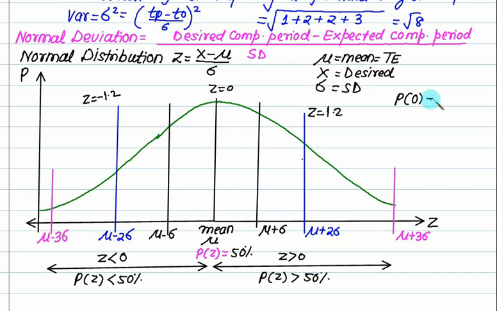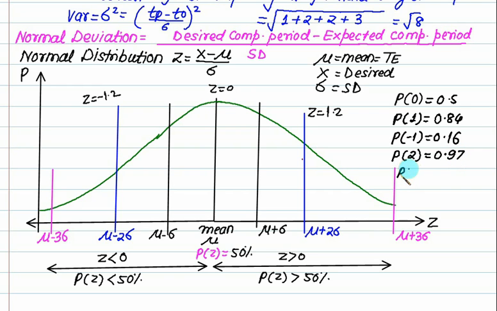0.5. Okay. Now if I say sigma equals 1, what is the probability of 1? 0.84. What is the probability of minus 1? Is it 0.16? That is very close to 0.16. What is the probability of 2? 0.97.